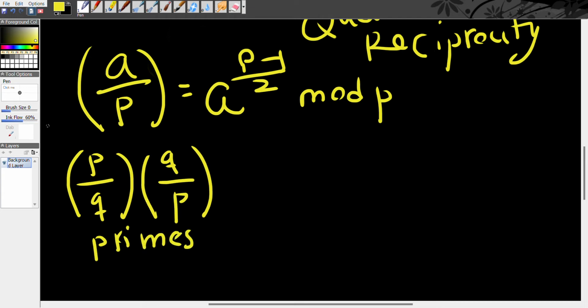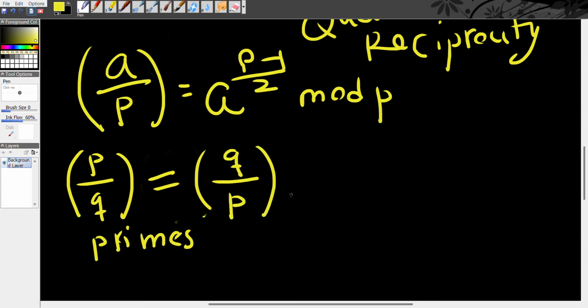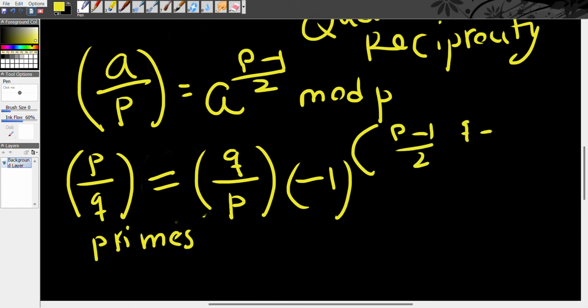So p over q equals q over p times negative 1 to the whole quantity (p minus 1) over 2 times (q minus 1) over 2. These are multiplied together and they're all combined in the negative 1 factor power.